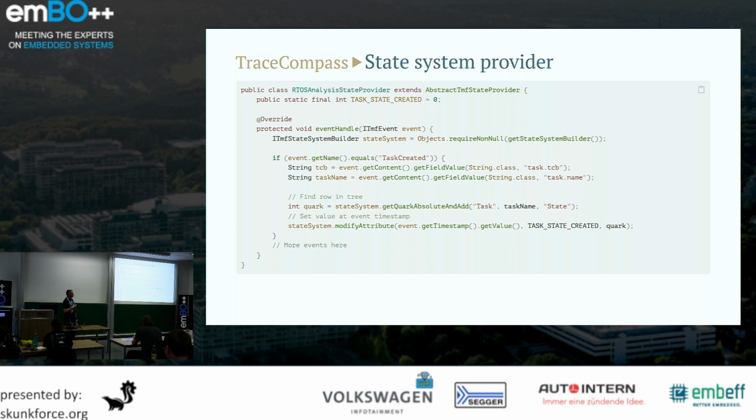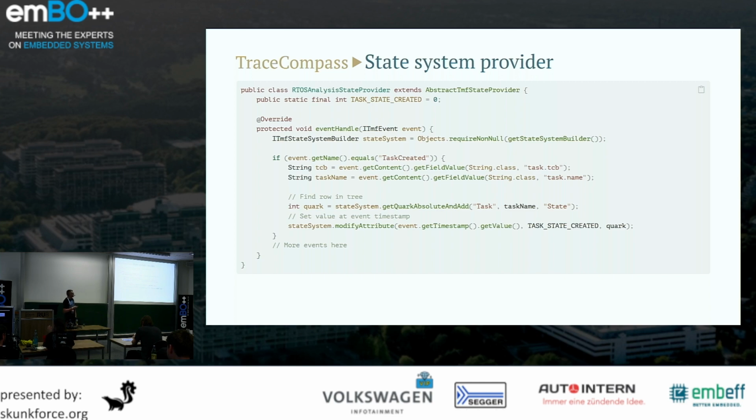But the actual implementation is just, hey, there is a function and it does something for this event, and you go one by one. And we are matching the event by name and extracting fields from that event, looking up a node in the tree and setting a value for that node at a specific point in time. The timestamp is taken from the event.